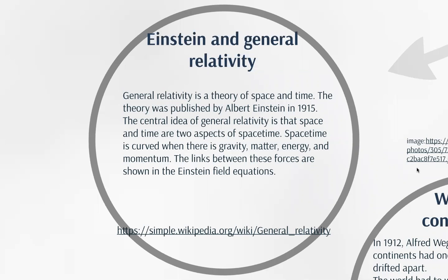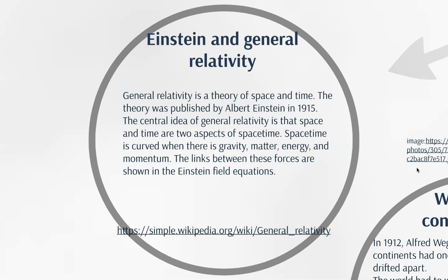Einstein's general theory of relativity is essentially that space and time aren't separate things. We often talk about space as three dimensions, up, down, left, right, however you want to describe it, and time as completely separate. Einstein says that in general relativity, space and time are actually the same thing, and if you consider that, then space and time can be distorted.